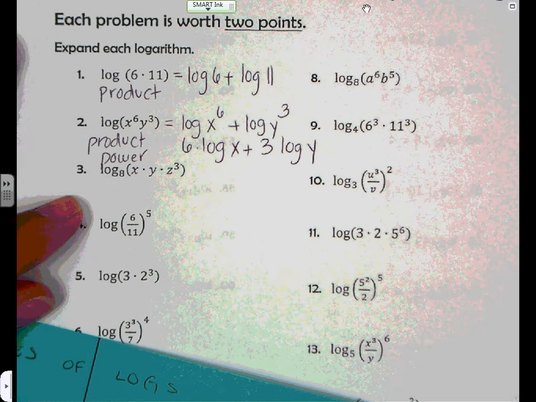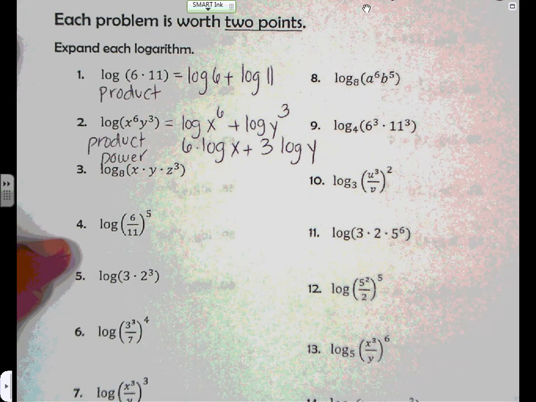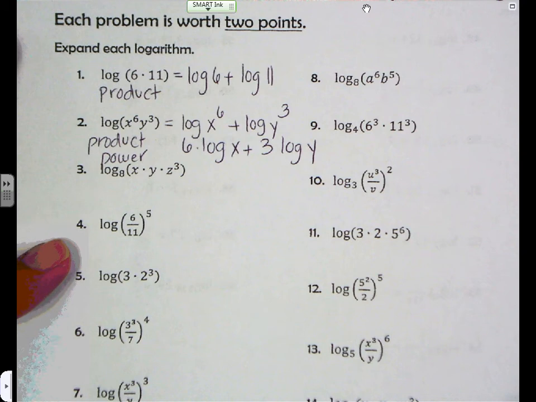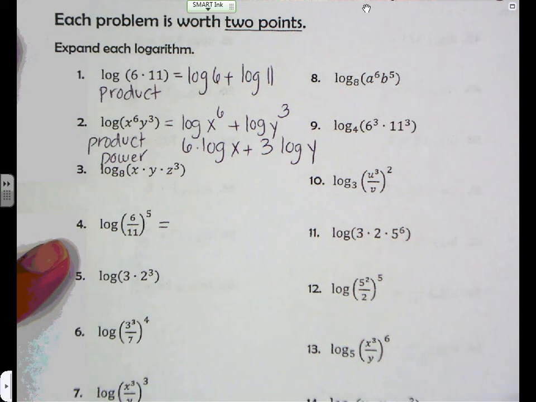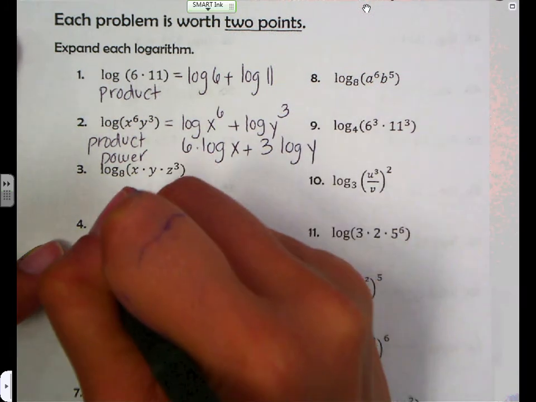Okay, number 3 is just like number 2. Let's look at number 4. This is a quotient rule. The quotient rule tells you to subtract. So I'm going to bring the power rule first.